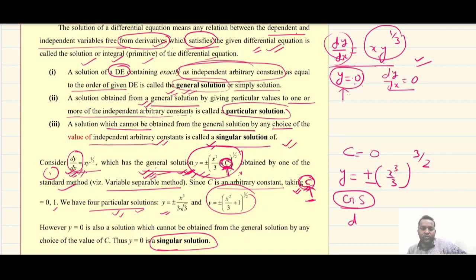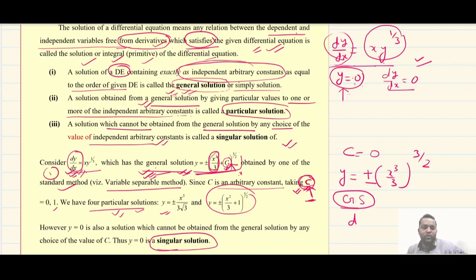But this y equal to 0 solution cannot be obtained from this general solution by any choice of the independent parameter C, as we cannot eliminate the term x square by 3 with this C. C is a fixed parameter, so it cannot be of the form of x square by 3.